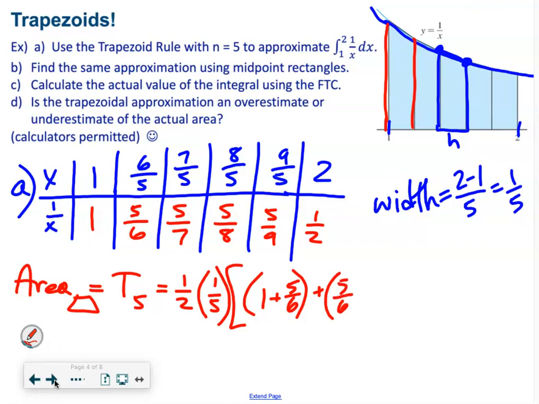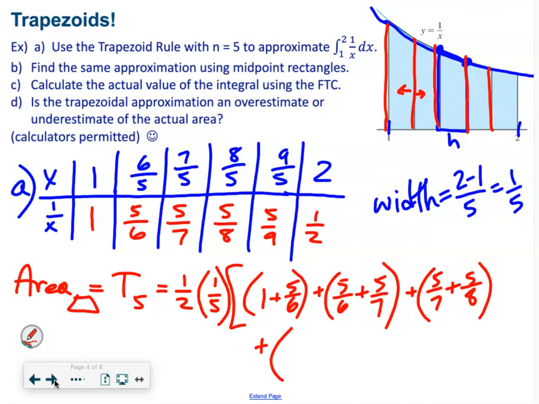If you notice, every interior height, all the middle heights, get used twice. They get used once for the trapezoid on this side and once for the trapezoid on this side. So you're going to have a bunch of repeats. Then the next one would be 5/7 plus 5/8.